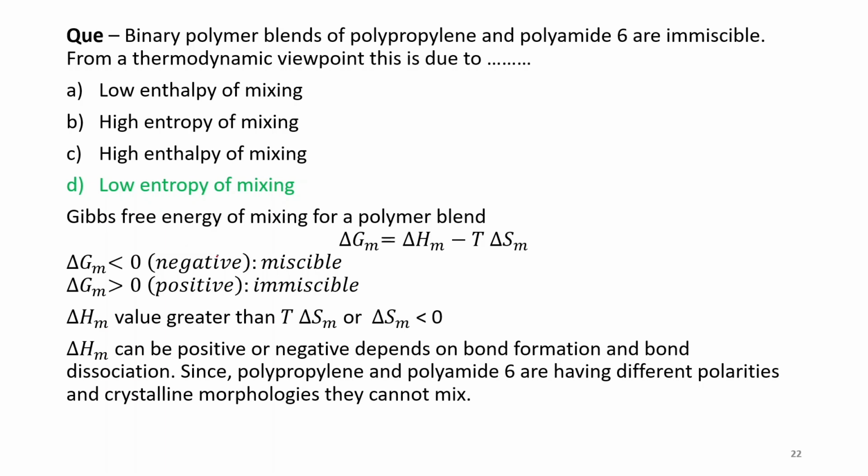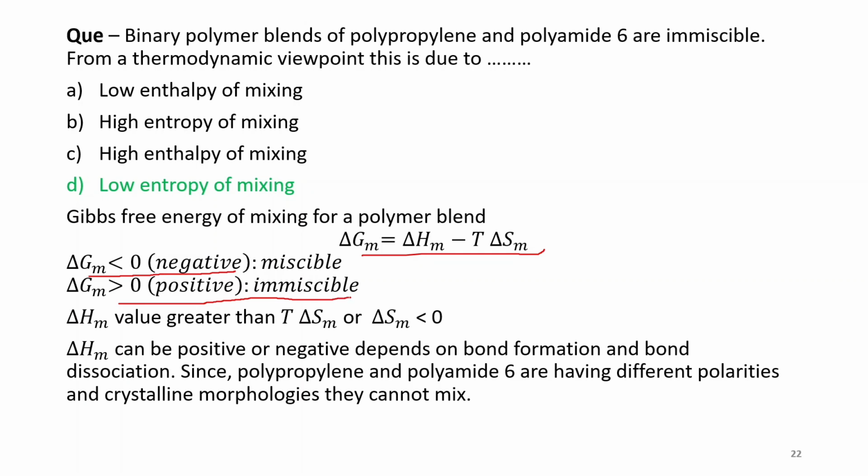The Gibbs free energy of mixing of a polymeric blend is given by this equation, which equals change in the enthalpy of mixing minus T, temperature, multiplied by change in the entropy of mixing. For a blend to be miscible, its free energy change of mixing should be less than 0, or negative. But here we are seeing that the polymeric blends are immiscible.